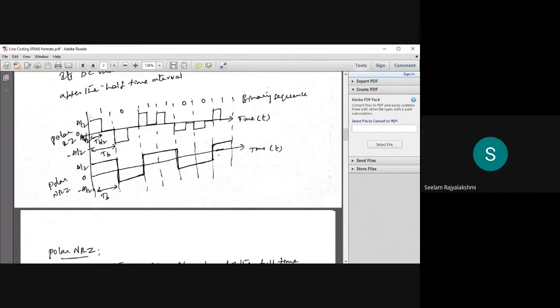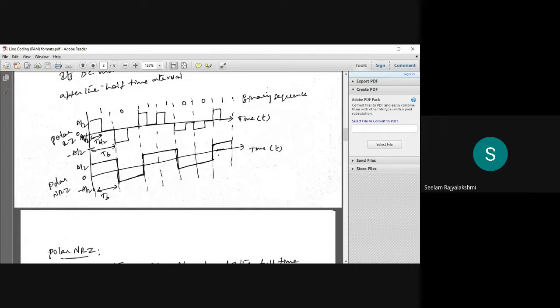Let us see, here this is the RZ which returns to 0 after the half time interval. The data is the binary sequence 1 0 1 1 0 0 1. It returns to 0 at T_B/2, at the half interval, it automatically returns from this part to 0. Next we have 0, which we see below the axis, and again we have 1.